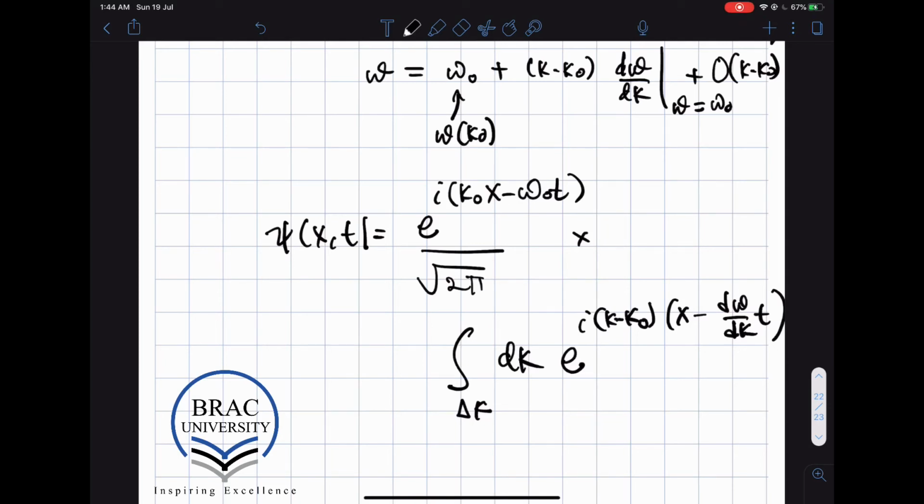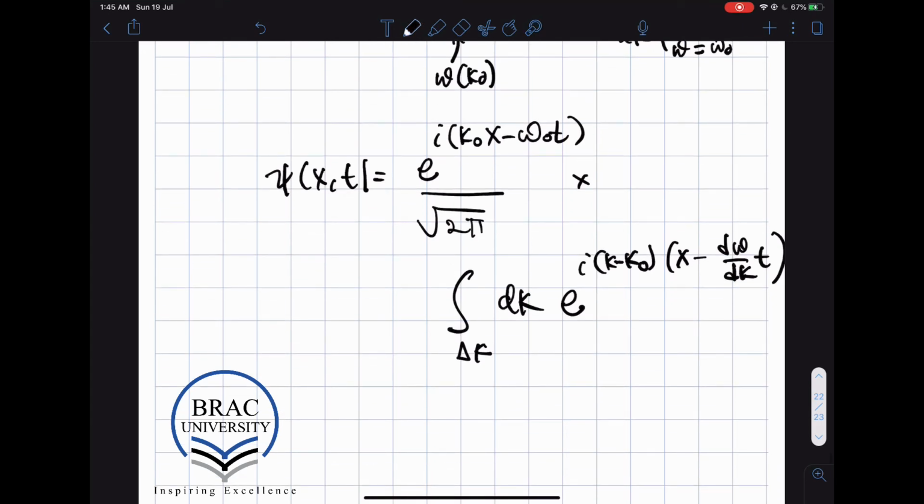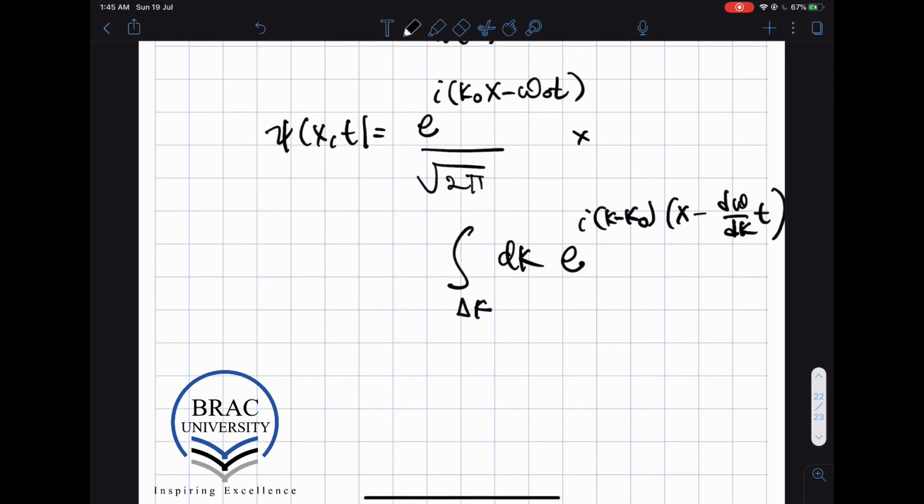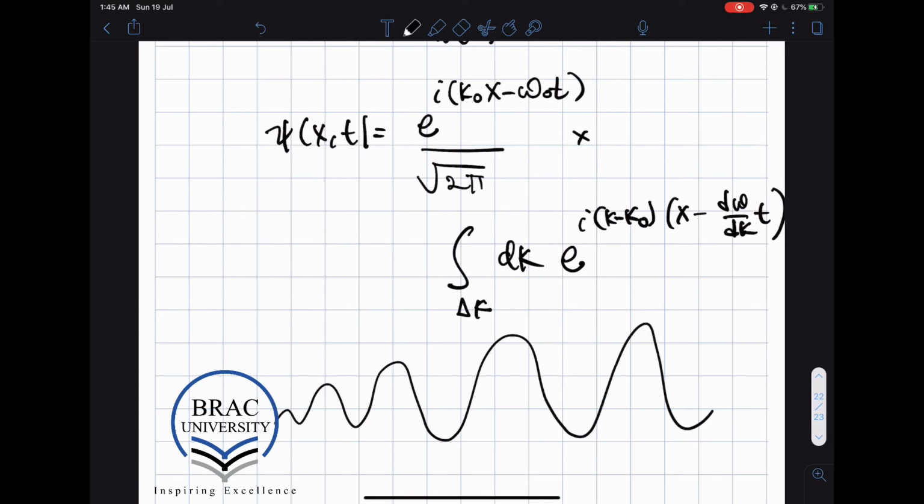What this represents is a wave whose wave number is k naught, and omega naught is its frequency, but its amplitude is modulated by this factor. Graphically, it's something like this.